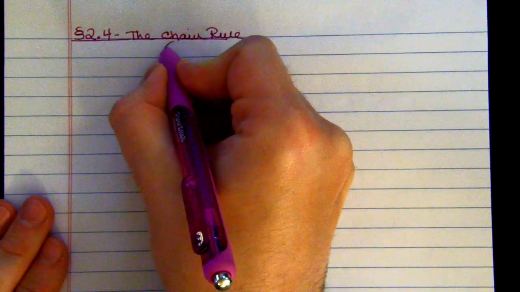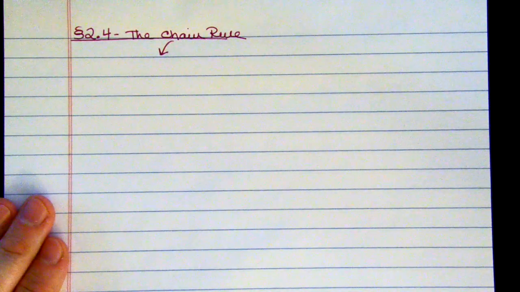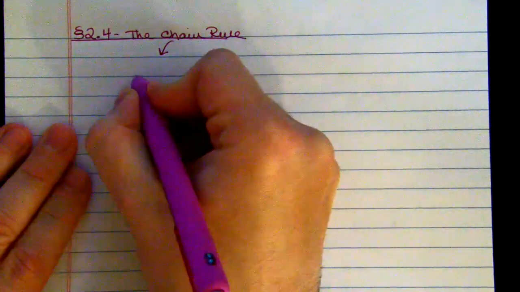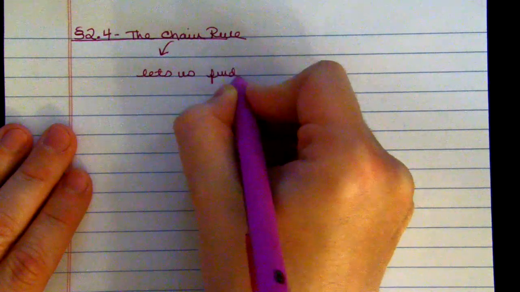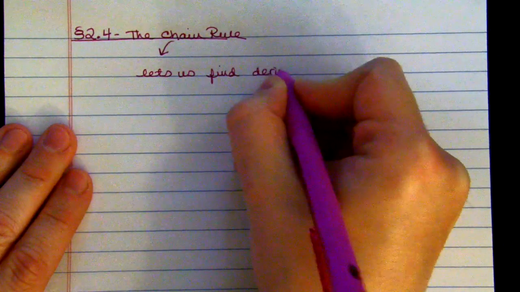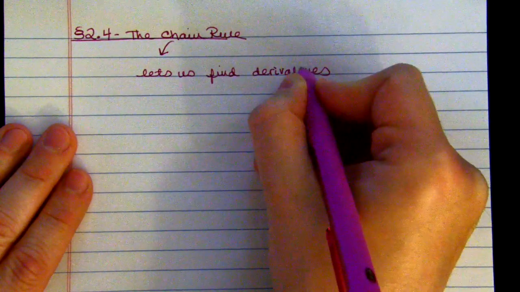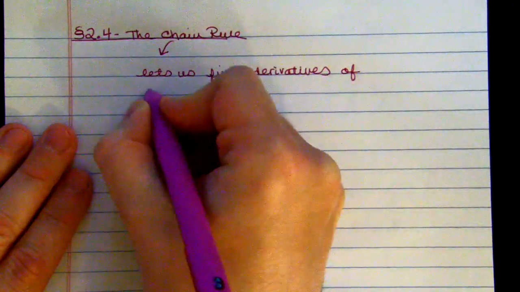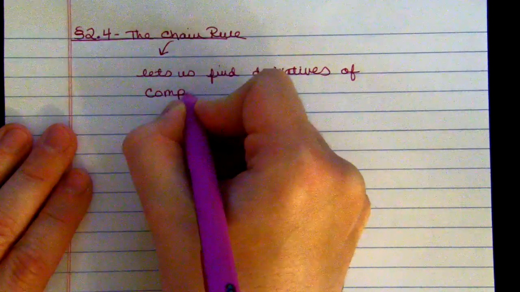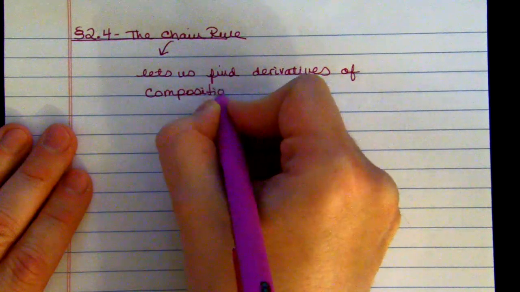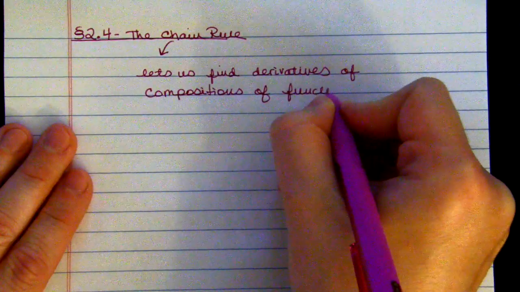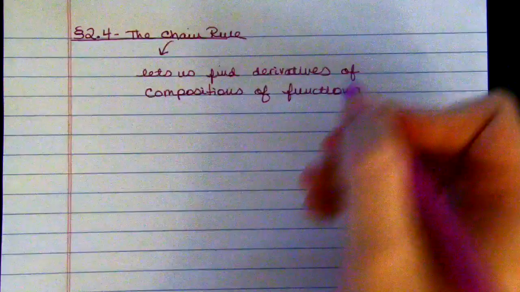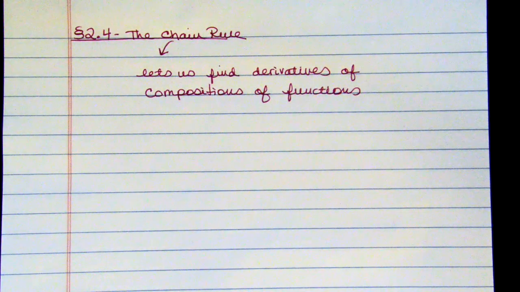What this rule is all about is this rule lets us find derivatives of compositions of functions, one function inside another function.